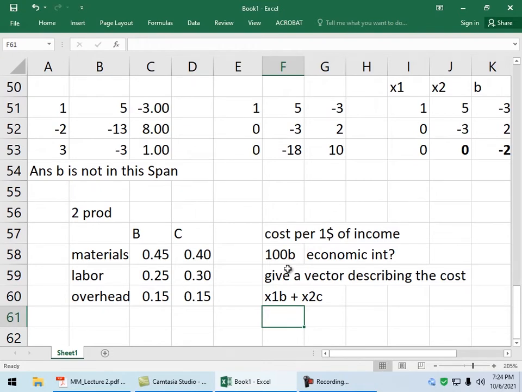Describing the cost, of course, of the company for materials, for labor, for overhead.